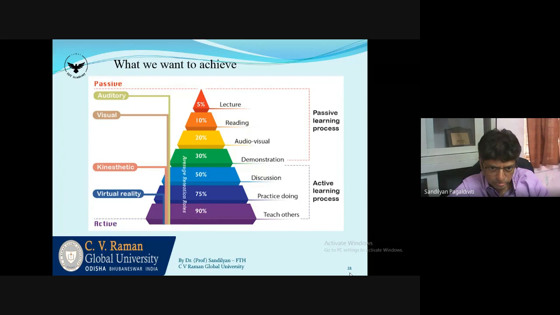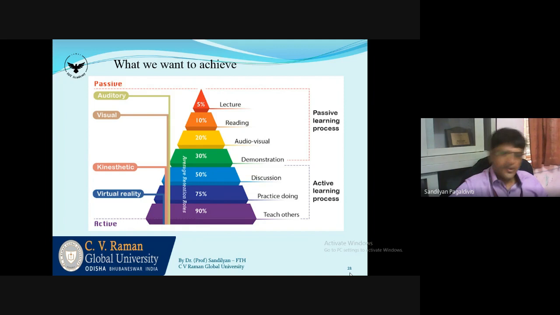So try to involve teaching pedagogy which is more on the latter three, not on the first four. You can use discussion, projects, role plays, student led sessions, presentations by students, and so on, experiential learning. So all these are active learning. Can we move on, ma'am?